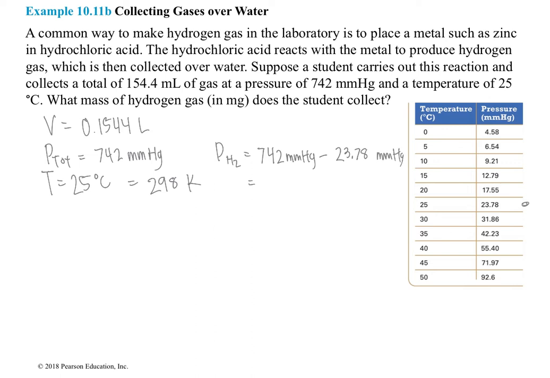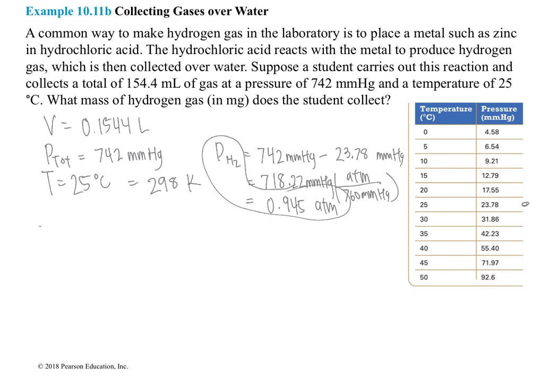So my pressure of hydrogen that I collect is 718.22. So let's just go ahead and convert that into atmospheres. And that gives me 0.945 atmospheres for the partial pressure of hydrogen.